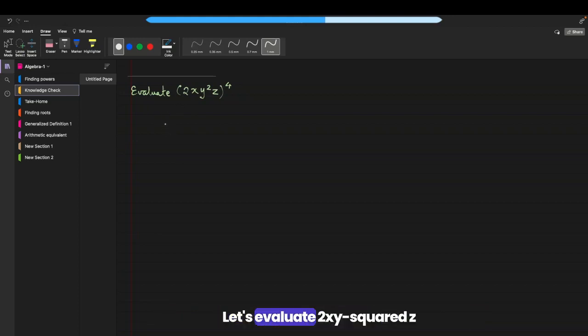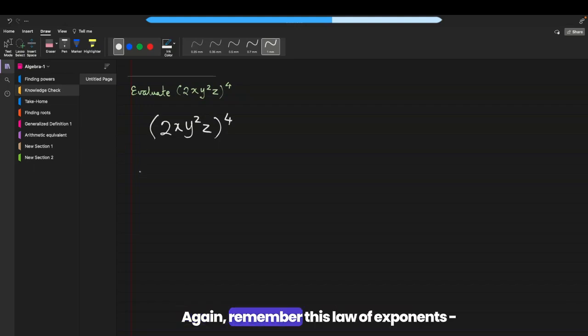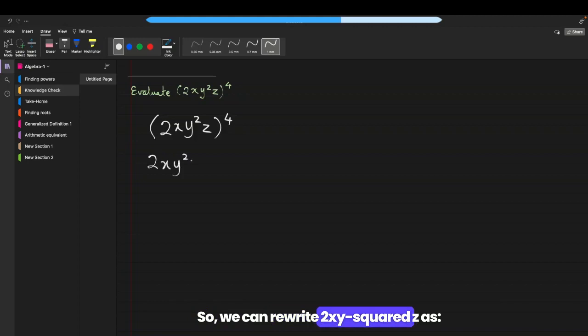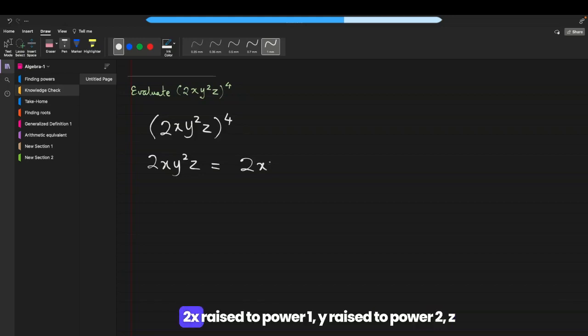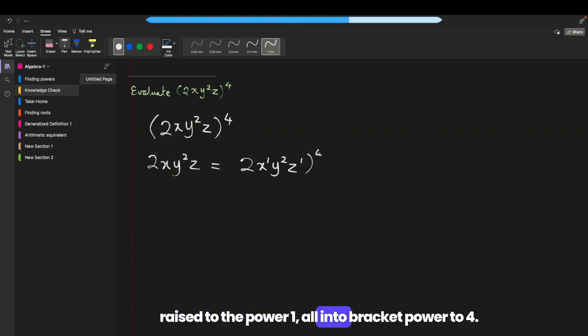Welcome back. Let's evaluate 2xy squared z all raised to power 4. Again, remember the law of exponent, the power of a product. So we can rewrite 2xy squared z as 2x raised to power 1, y raised to power 2, z raised to power 1, all in brackets to the power 4.